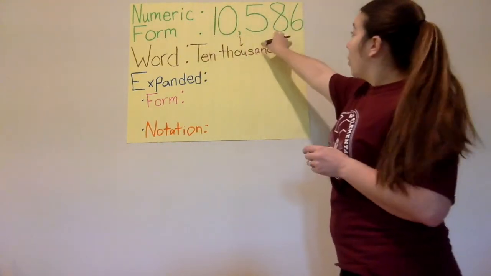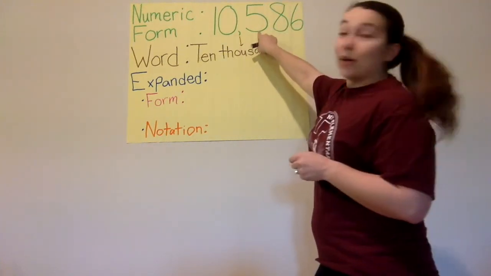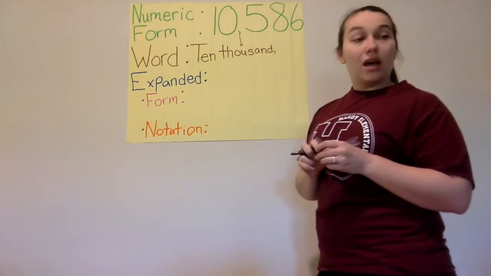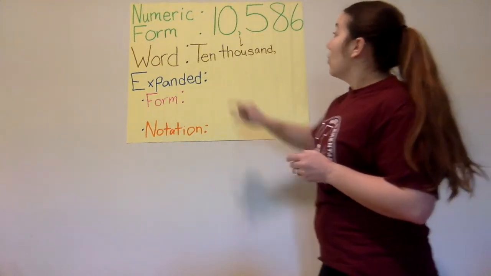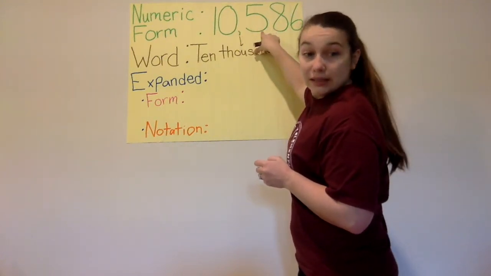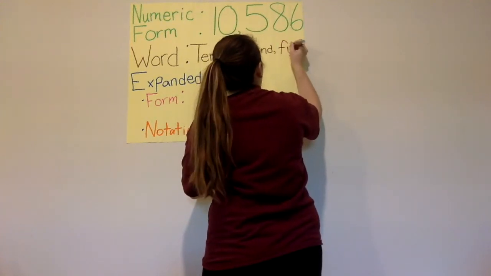Then we are going to move on to these last three numbers. So right here, what place is this 5 in? The hundreds place, very good. So we have 10,000, 5 what? 500.